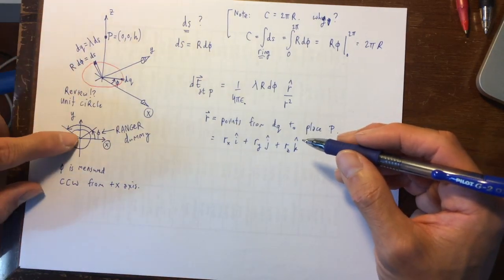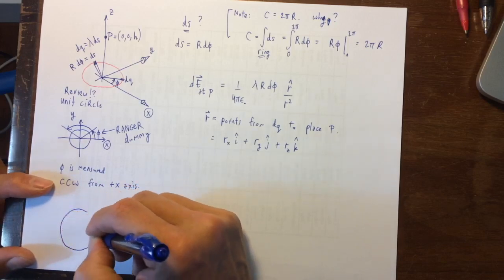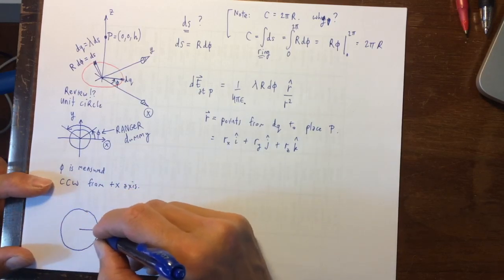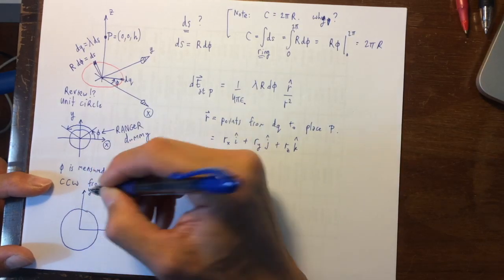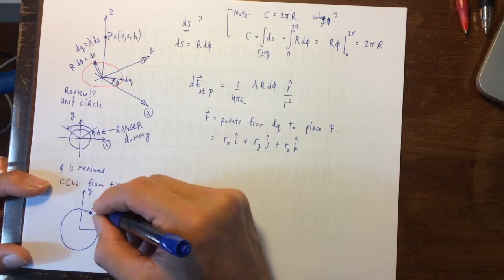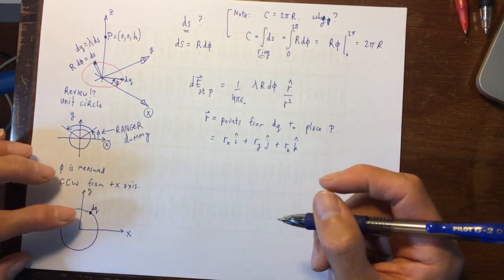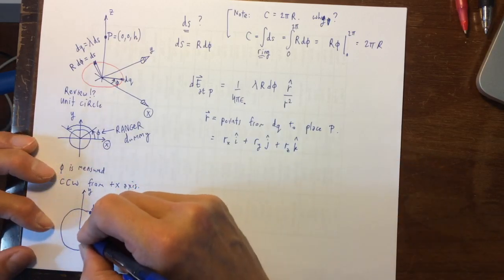Let me redraw this a little bit better. Here is this circle of radius r. This is the x direction and the y direction. Let's say that this is where the charge dq is. The first thing I'm going to do is figure out this vector.